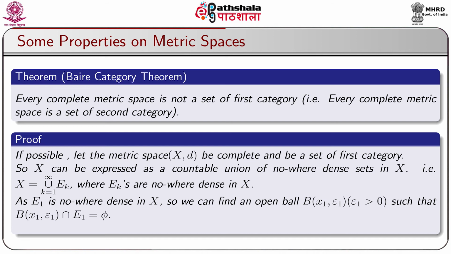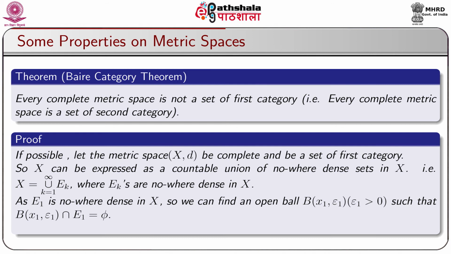If possible, let the metric space (X, d) be complete and be a set of first category. So X can be expressed as a countable union of nowhere dense sets in X, that is, X is equal to the union over k from 1 to infinity of E_k, where the E_k's are nowhere dense sets in X.